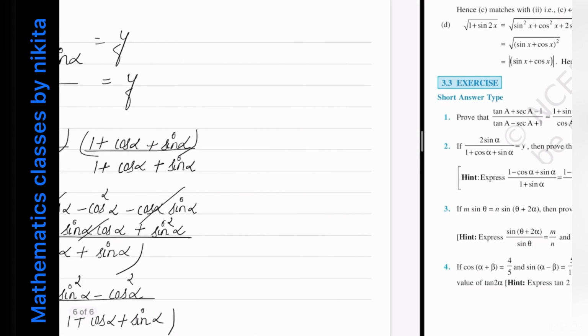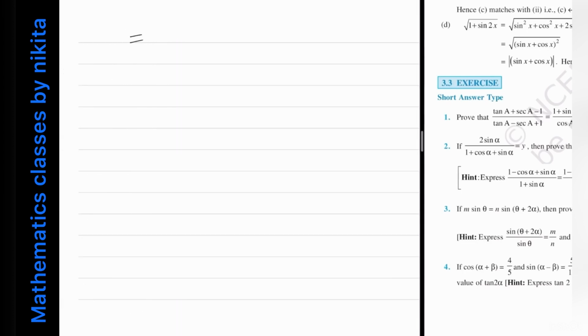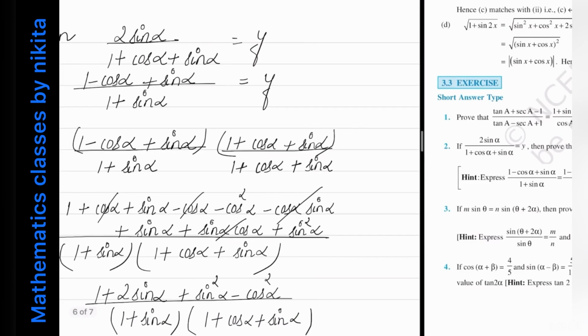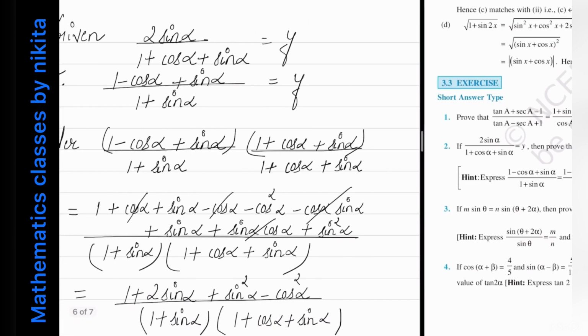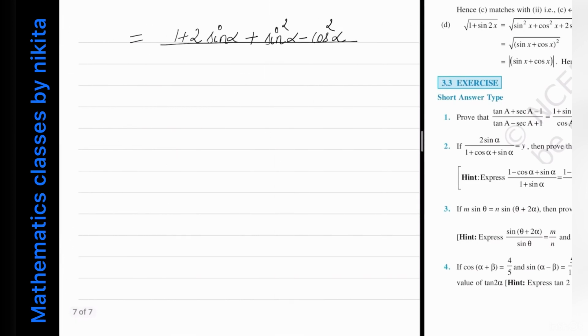So in the next page this will be equal to 1 plus 2 sin alpha plus sin square alpha minus cos square alpha, divided by 1 plus sin alpha into 1 plus cos alpha plus sin alpha.